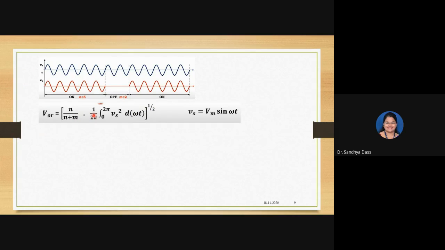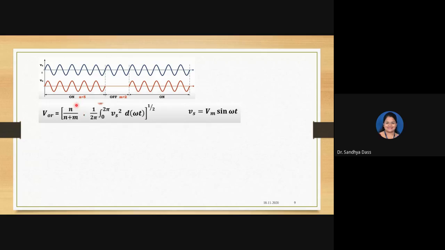Here the RMS value for one cycle is taken as 1 by 2 pi, which means the output is available for 2 pi radians, right? So 1 by 2 pi with limits between 0 to 2 pi, because you are taking one complete cycle here, and Vs square d omega t, isn't it? Vs is your input, which can be taken as Vm sine omega t, where Vm is the magnitude of your input AC signal.